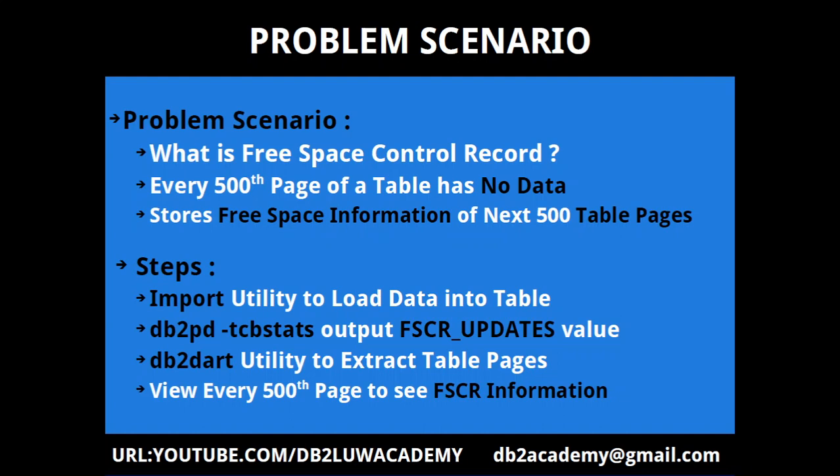Rather, that particular page stores free space information of the next 500 table pages. So for example, if you have 30,000 pages in the table, every 500th page will contain no data for that table. Rather, it contains the information of how much free space is available in each of the subsequent 500 pages.